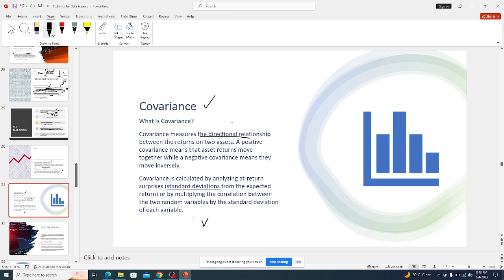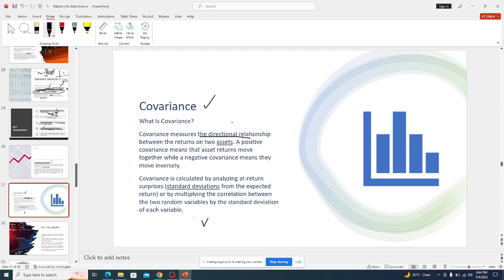Covariance gives us a directional relationship between two variables, or it shows us the degree of change.